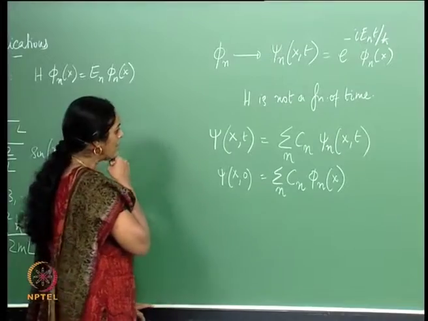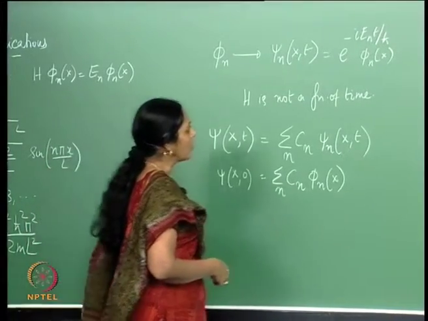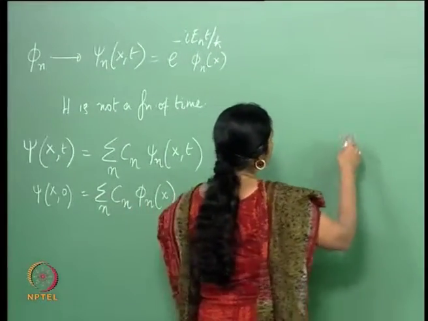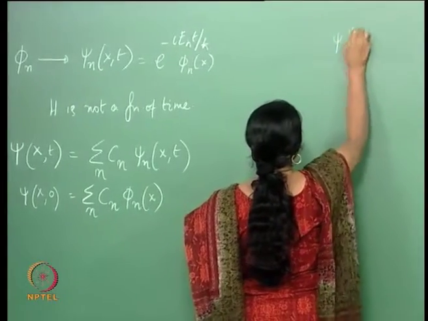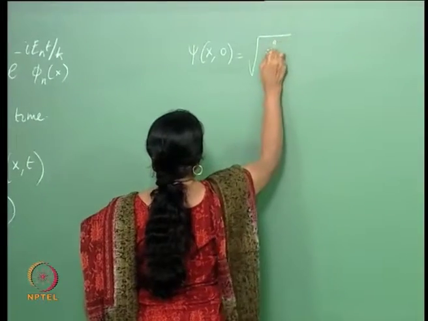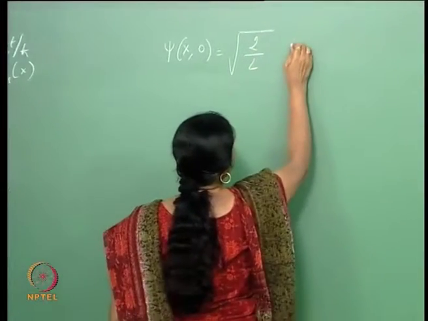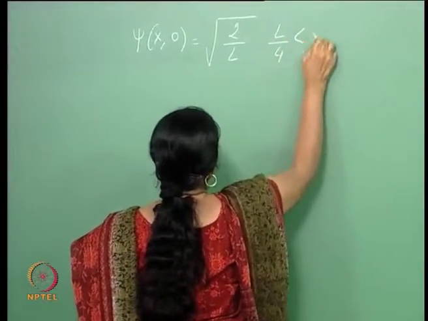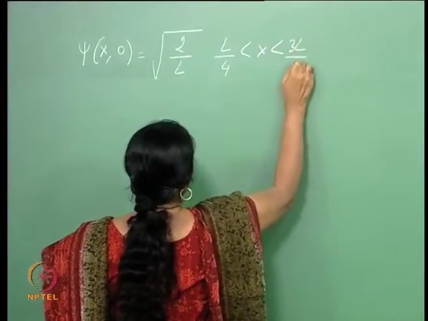So, the simplest example that we can think of is this: psi of x, 0 is root of 2 by L for L by 4 less than x less than 3L by 4.